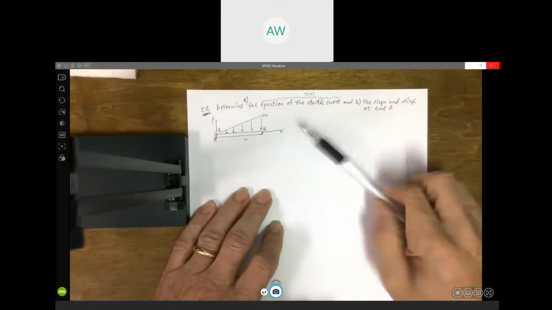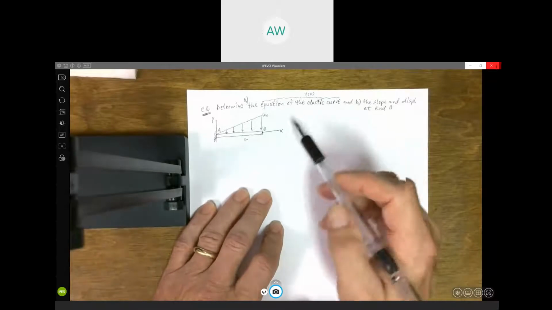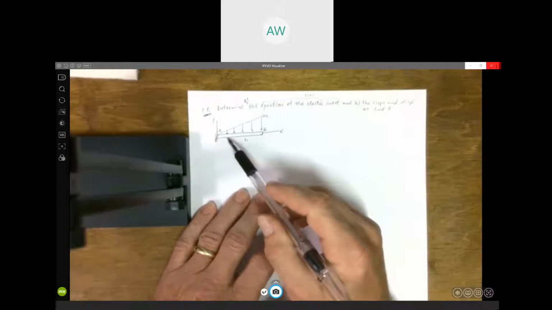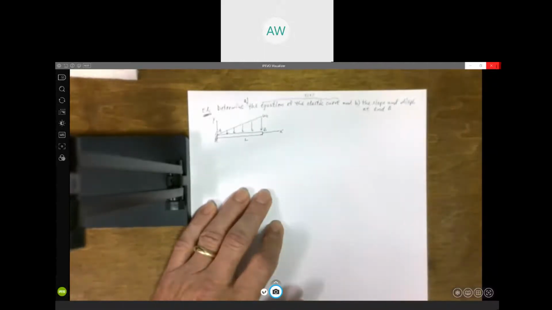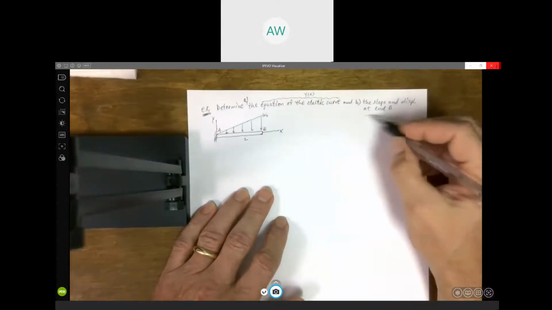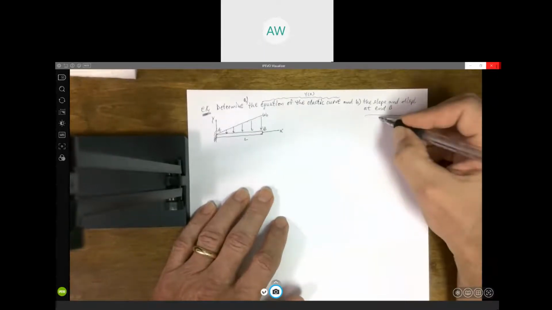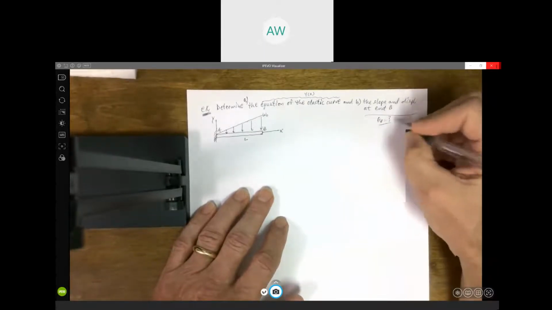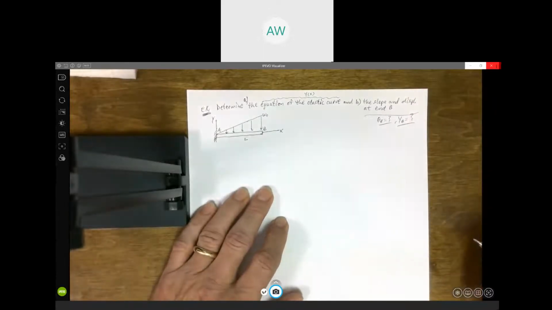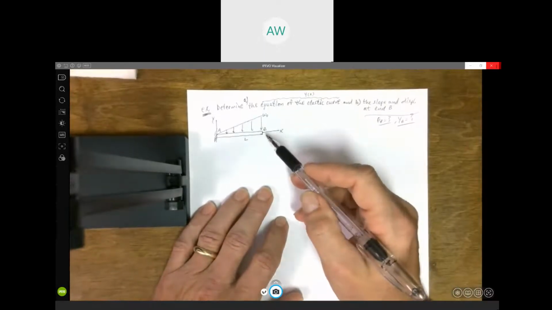All right, so that's what part A is. It wants to know the equation for the displacement. This equation we get for y, if you graph it, is going to be the shape of this deformed beam. That's what we're after in part A. Part B is just asking for theta B and y B: the slope or angle and the displacement at this end B, right?